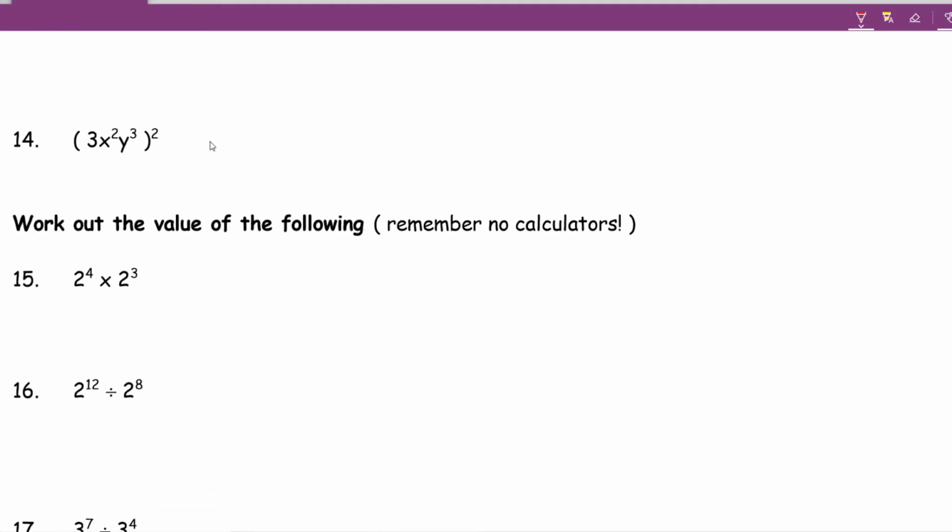Okay, so let's go on to question 14. We're squaring everything. So 3 is going to be squared. x squared is going to be squared further, so that's going to be times by 2. And y cubed is going to be squared, so that's going to be times by 2. So everything's going to be squared. 3 squared is 9, x to the power 4, and y to the power 3 times 2 is 6.